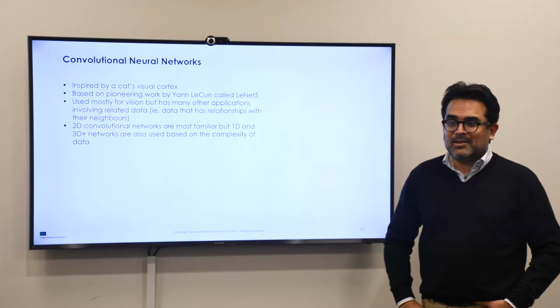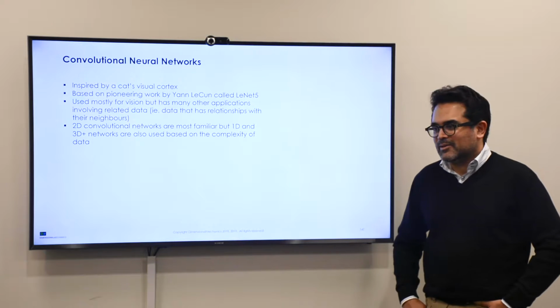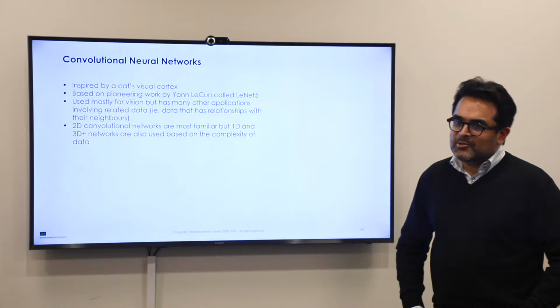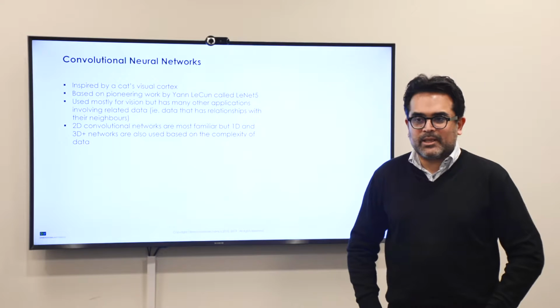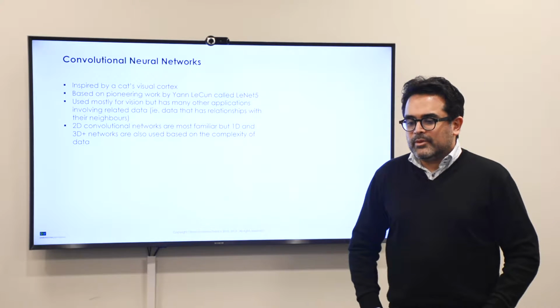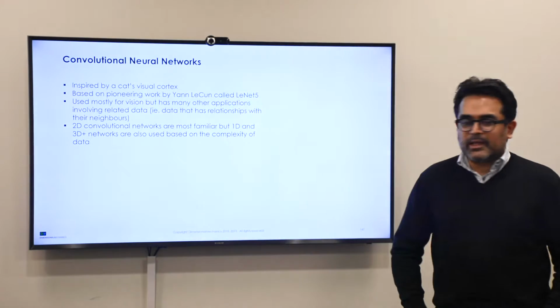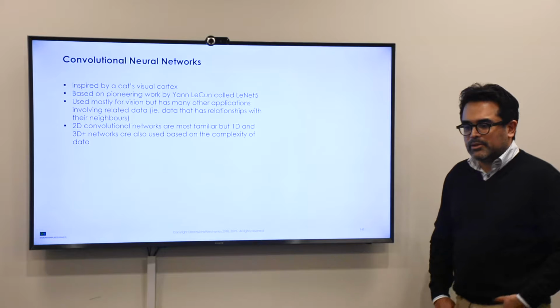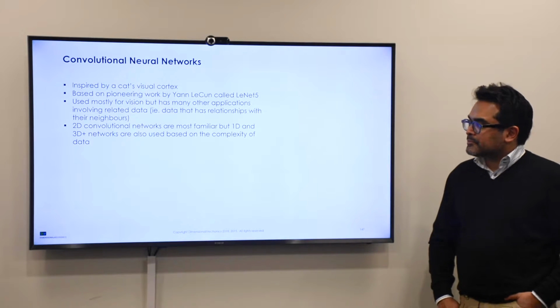Even to some extent color. If somebody's wearing a pink shirt one day or a red shirt or a green shirt the other day, we still know it's the same person, because we're able to pick up things. So this was the inspiration behind convolutional neural networks: how do you build a neural network that compensates for all of that invariance.